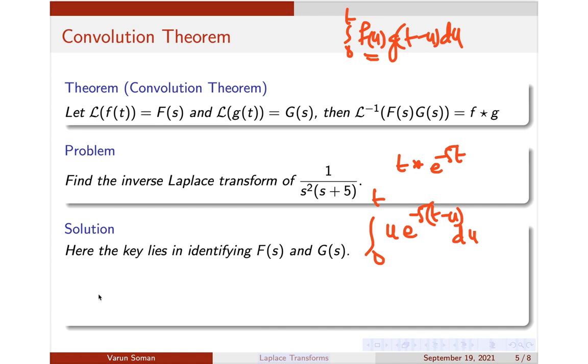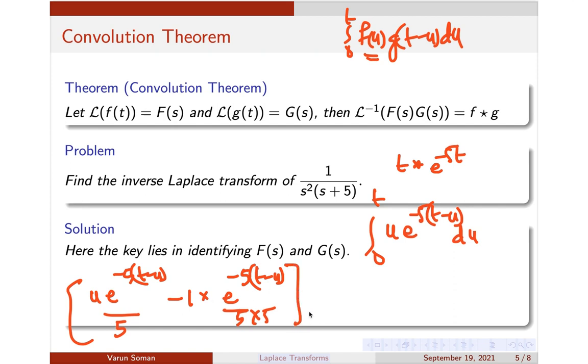So what is it? It's simply u into e raised to minus 5 into (t minus u), divided by, here just minus 5, u is the variable here, so we'll be getting plus 5, so it will simply be 5 here. So be careful, you can make mistakes here also. Minus 1 into e raised to minus 5 into (t minus u), by minus 5, again using integration here, plus 5, so into 5 here, in the limits 0 to t.